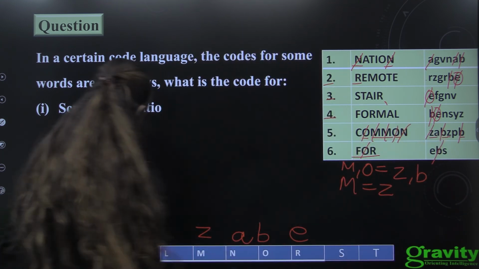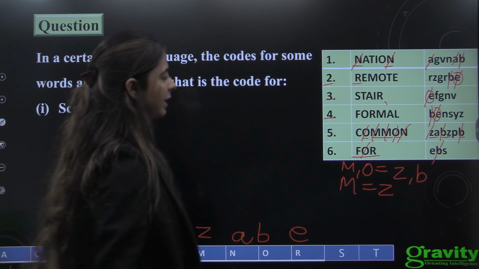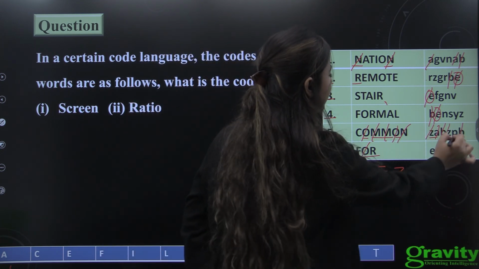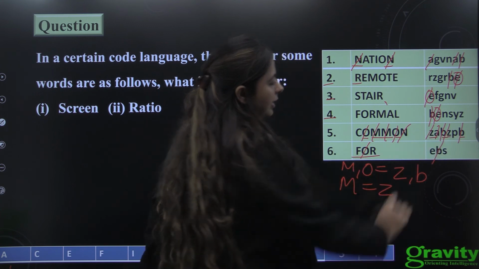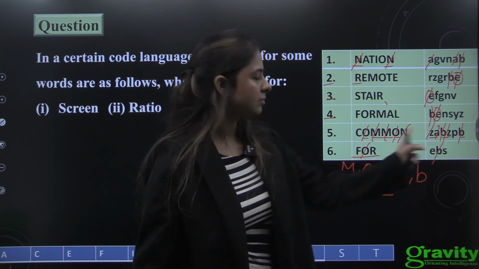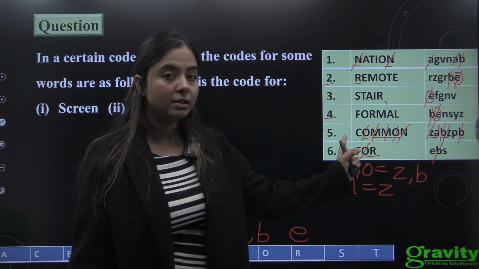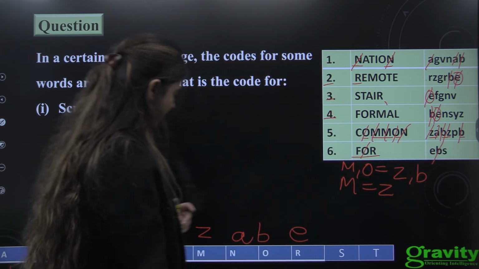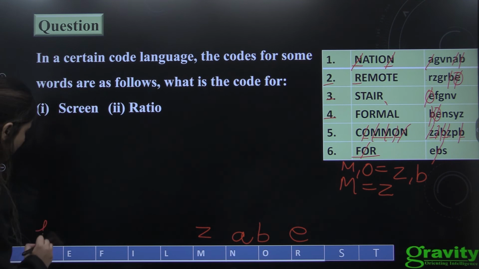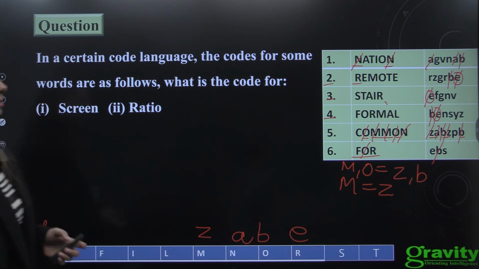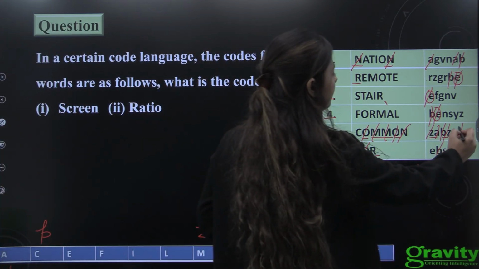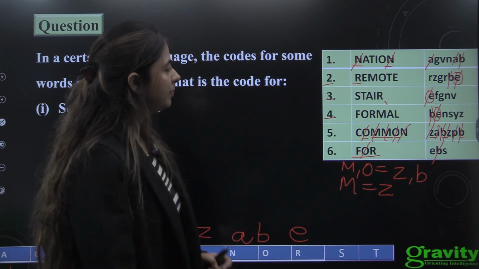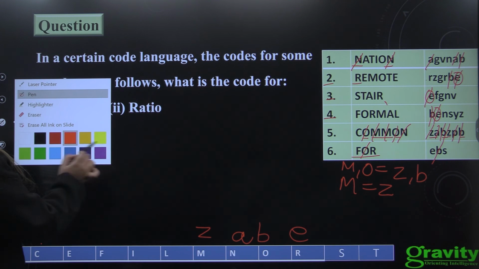We have already got N. N was A, cancelling A here, B, Z. The only code left here is P. The only letter left here is C. C is going to be P. Cancelling P. Now let's look at S. I'm going to change the pen color here.